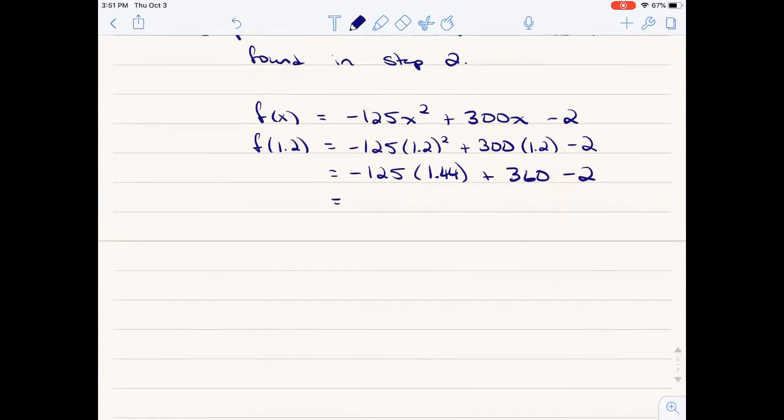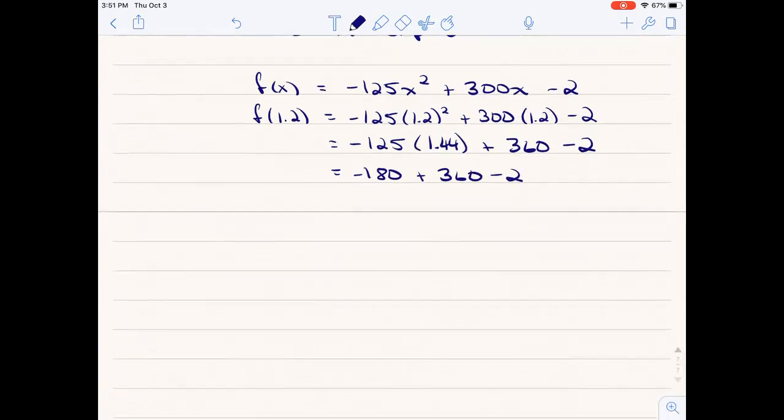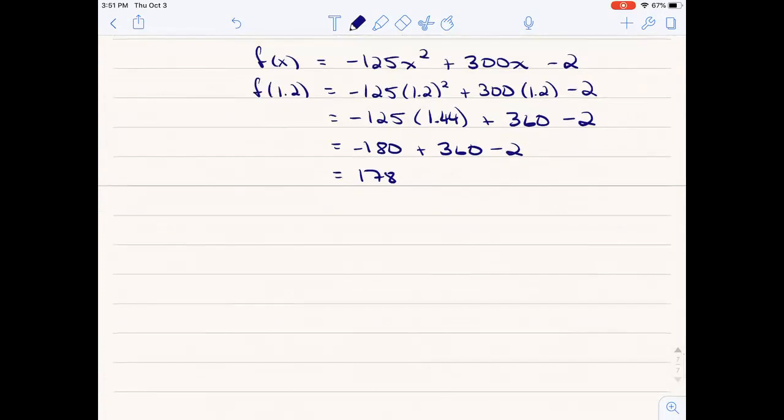So negative 180 plus 360 minus 2 is 178.